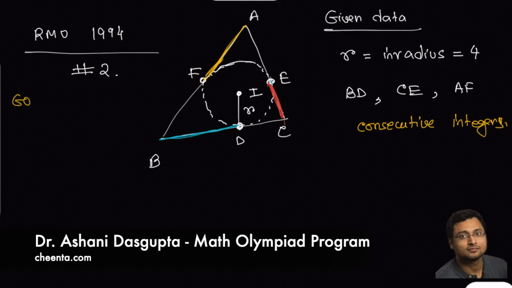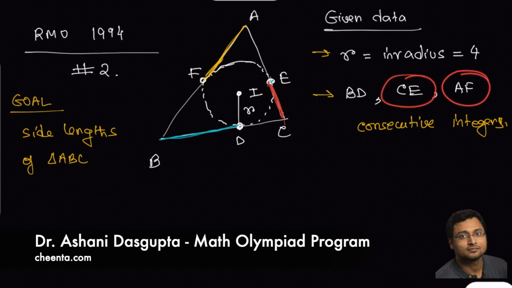So our goal, let me write it here, side lengths of triangle ABC, with these two pieces of information: that the inradius is 4 and the segments BD, CE and AF are consecutive integers.